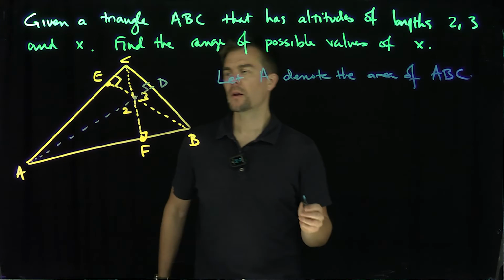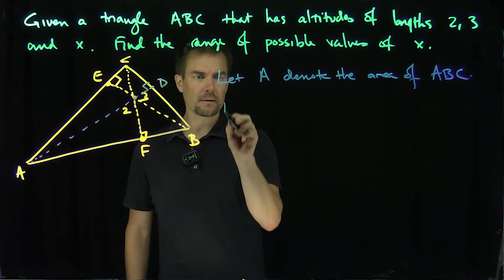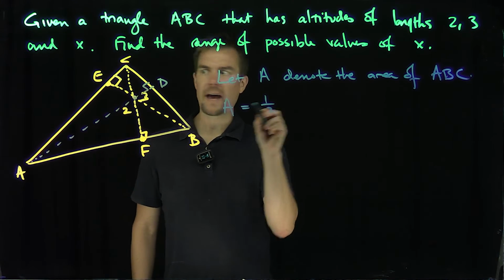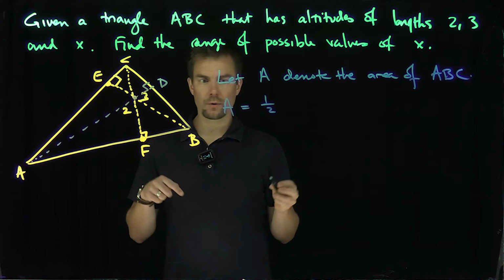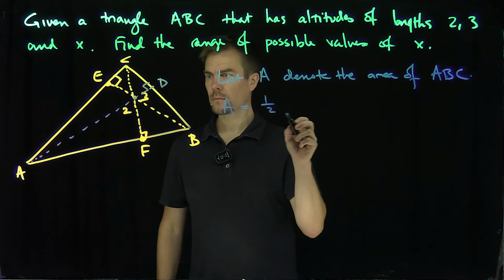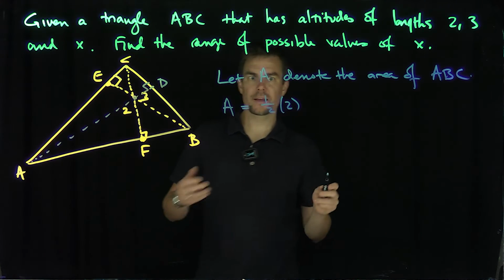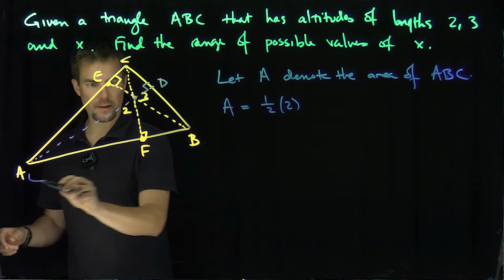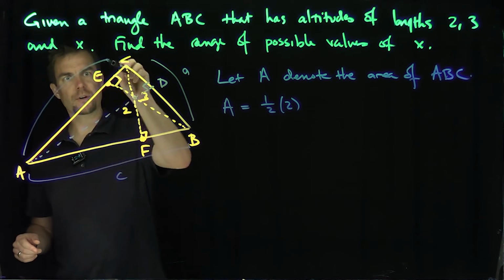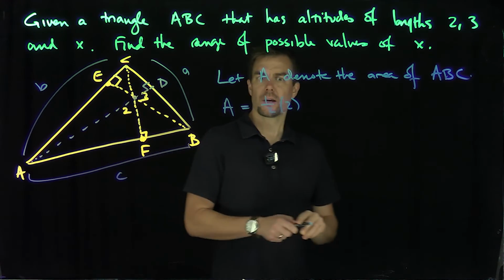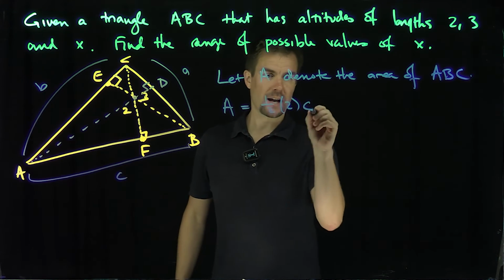So I know that the area A is equal to 1/2 times 2, that's the altitude, times the length of AB. Let's call the length of AB C, this length A, and this length B, as we typically do in a triangle. So the area is 1/2 of 2, the altitude to C, times C.